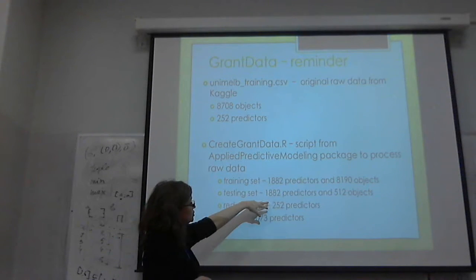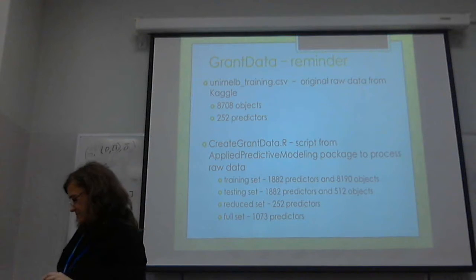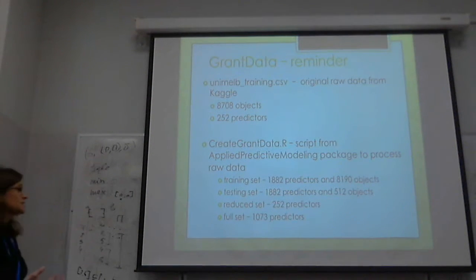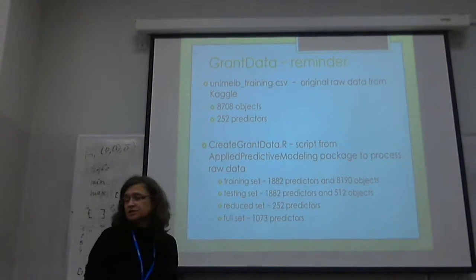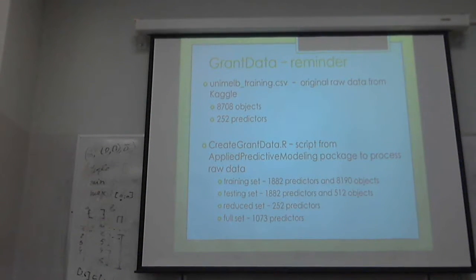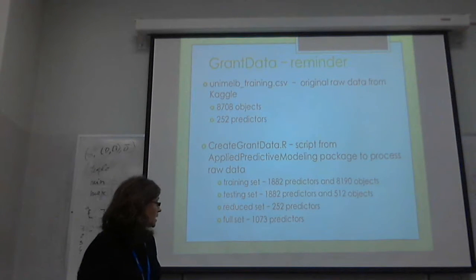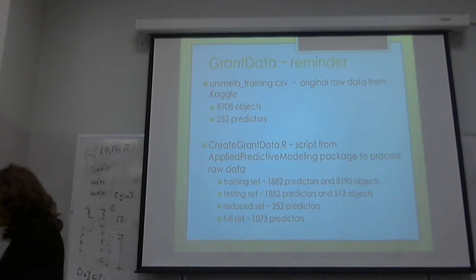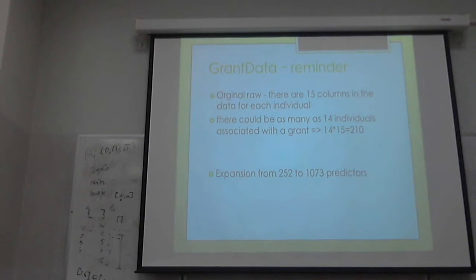And there are also reduced sets, because they played a lot with the data and sometimes saw you don't really need that many predictors, like 2,000. Even a model with a reduced number of predictors, like 252, is able to build a model with sufficient predictive power.